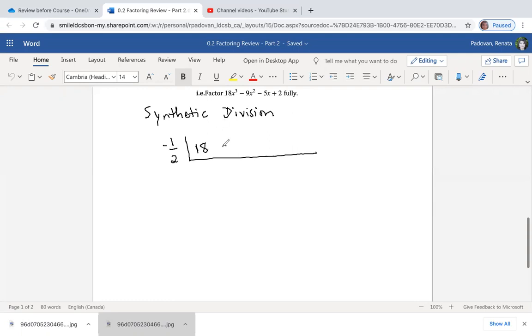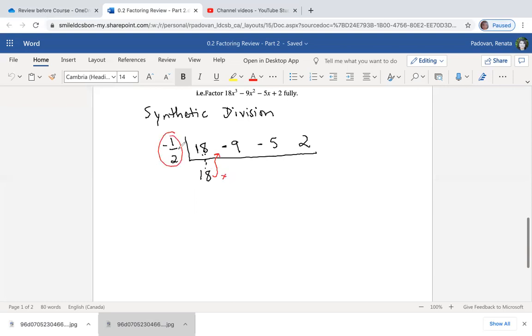So just the 18, then we want the negative 9, then we want the negative 5 with spaces, and then we want 2. So we have 18, negative 9, negative 5, and 2. And we bring down the first number over our line here. So we start with 18. Let's change our color. When 18 crosses the line, it means I'm going to multiply by my factor.